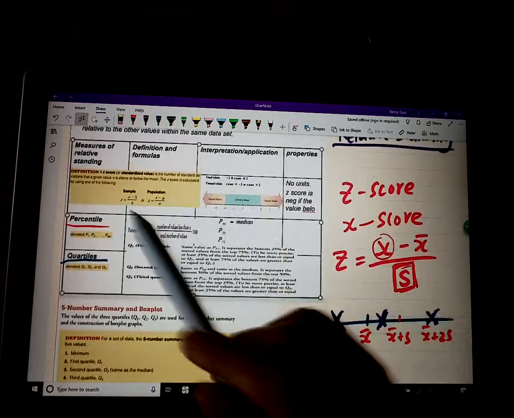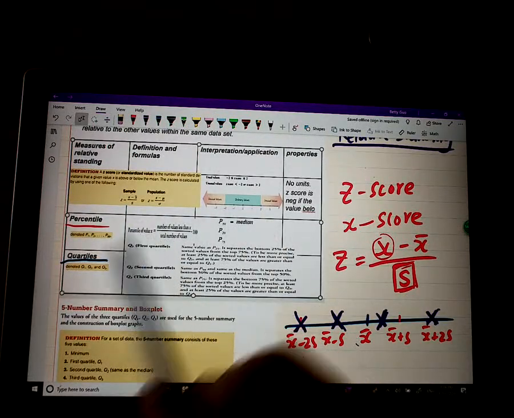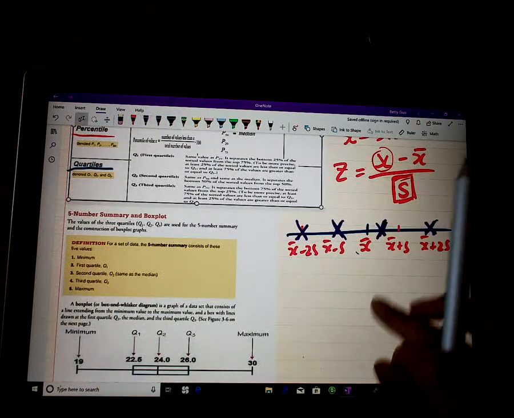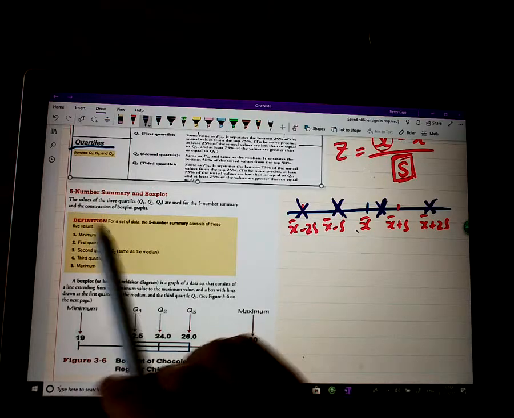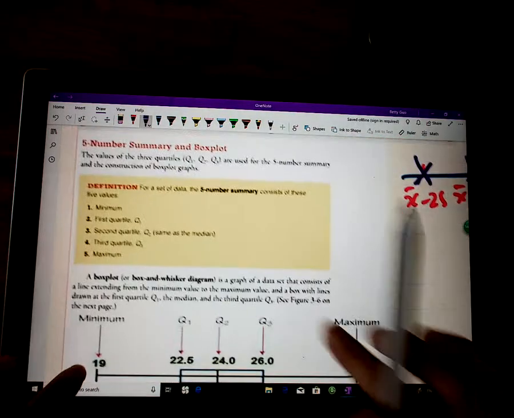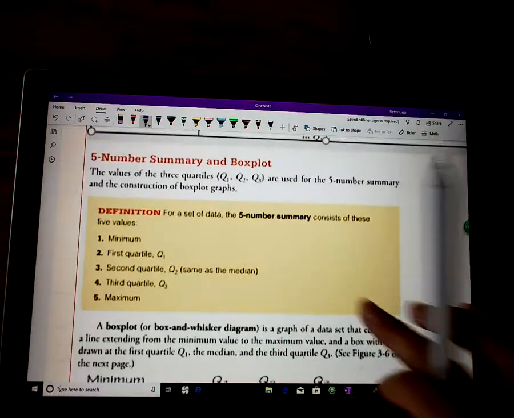So we covered all the 3 measurements of relative standing: quartile, percentile, and z-score. Another very important thing is a 5-number summary. Which 5 numbers?